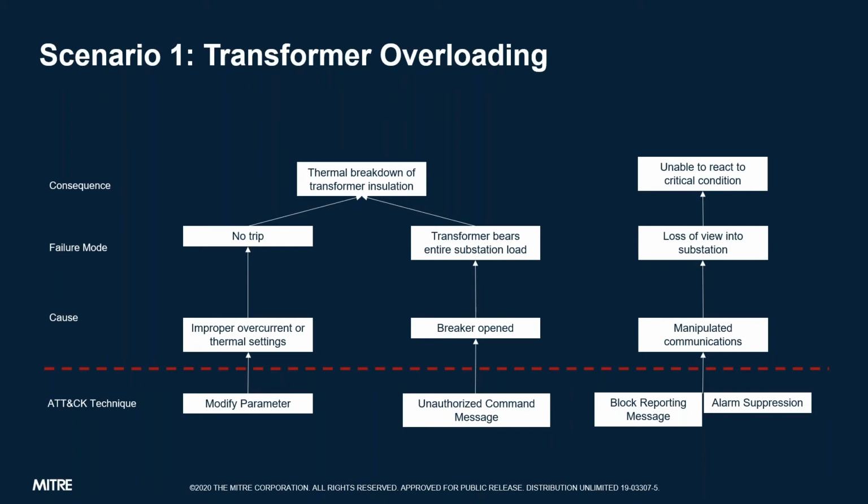Then we can use an unauthorized command message to open a breaker so that the transformer we're targeting bears all the load. And to cause a loss of view into the substation, we can manipulate communications by blocking reporting messages. These are messages that hold state information that's being pulled periodically, and we could suppress alarms.